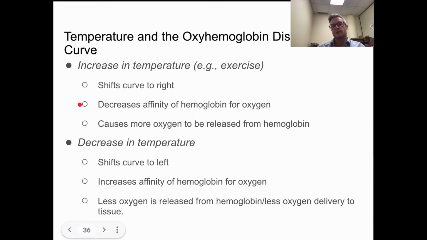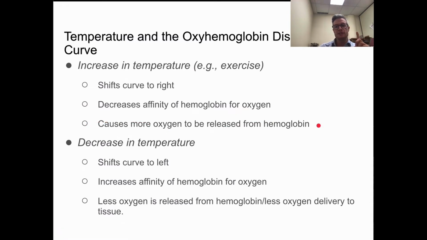It also decreases the affinity between hemoglobin and oxygen. So again, affinity is that attraction or likeness of two things together. So it decreases how well that affinity occurs, and it causes more oxygen to be released.